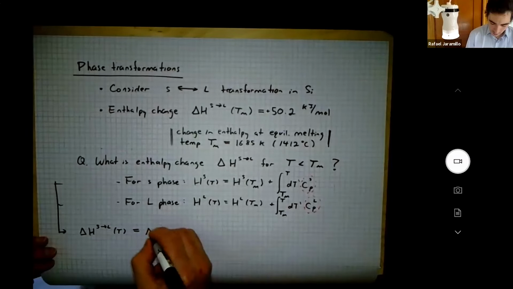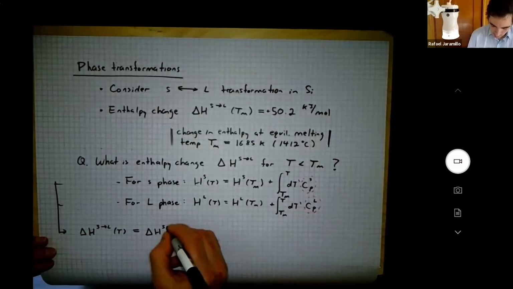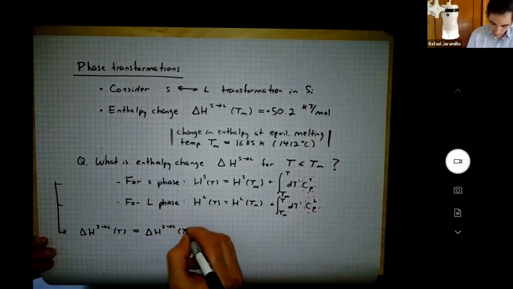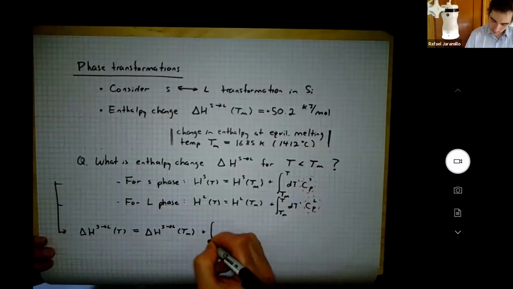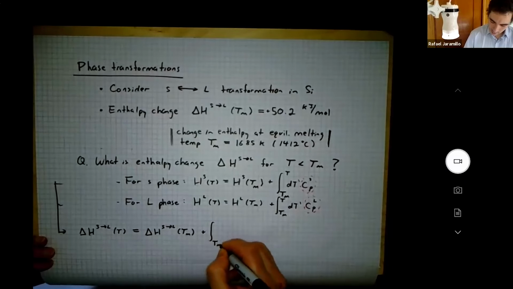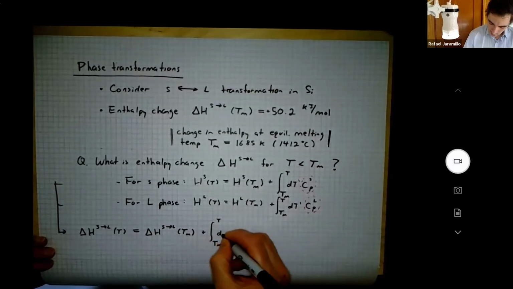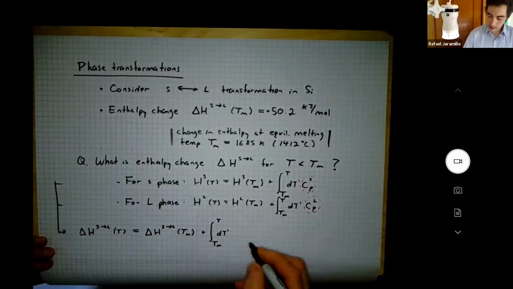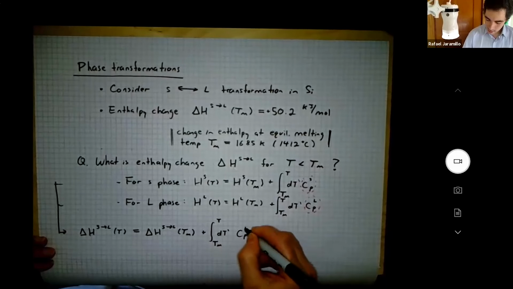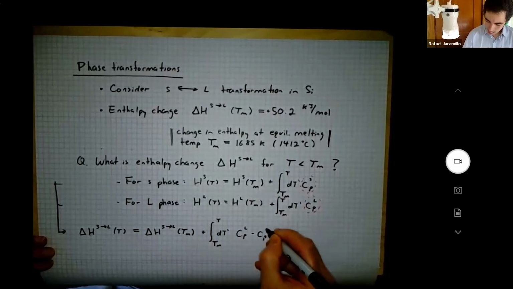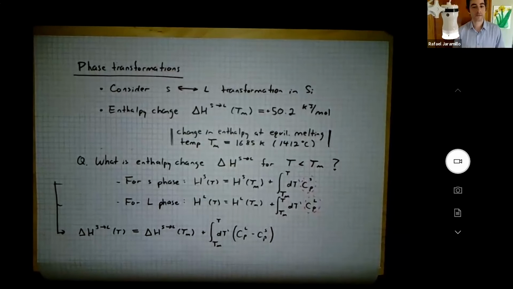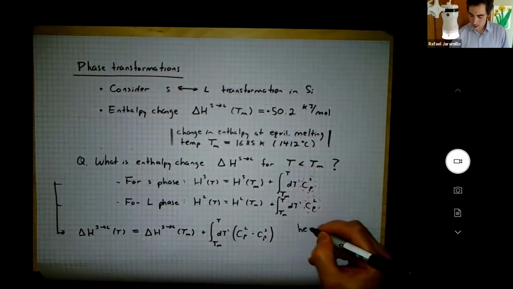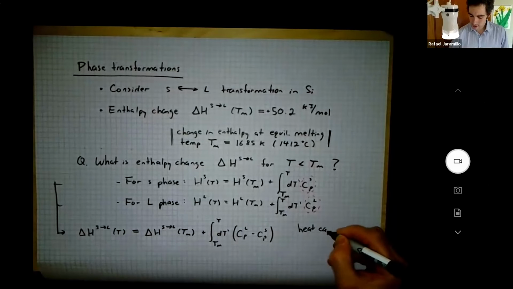It is equal to delta H, solid to liquid, at the melting temperature, plus the integral of the heat capacity difference.